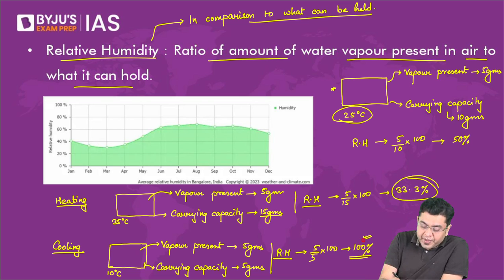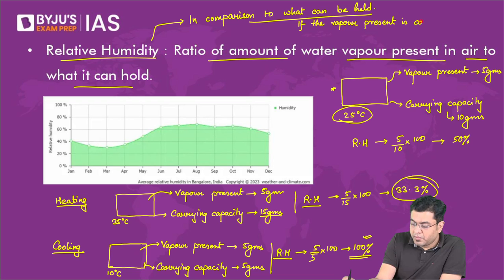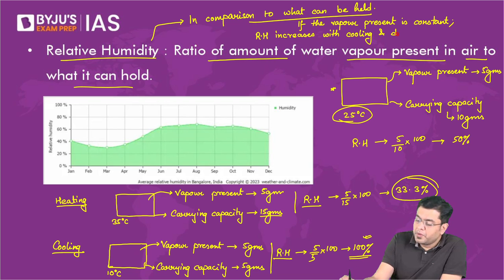So that is where relative humidity, if the vapor present is constant, increases with cooling and decreases with heating.